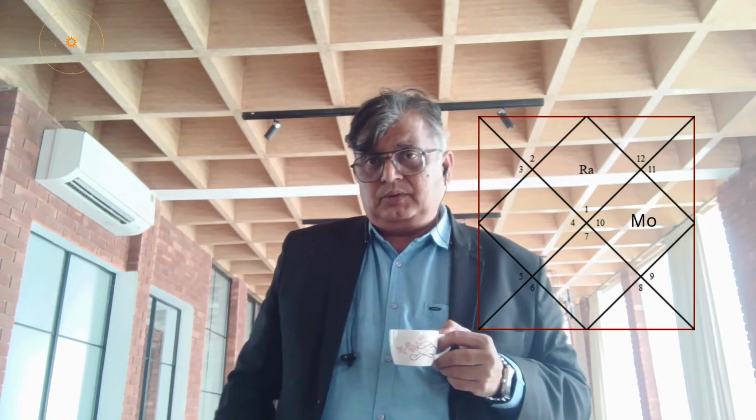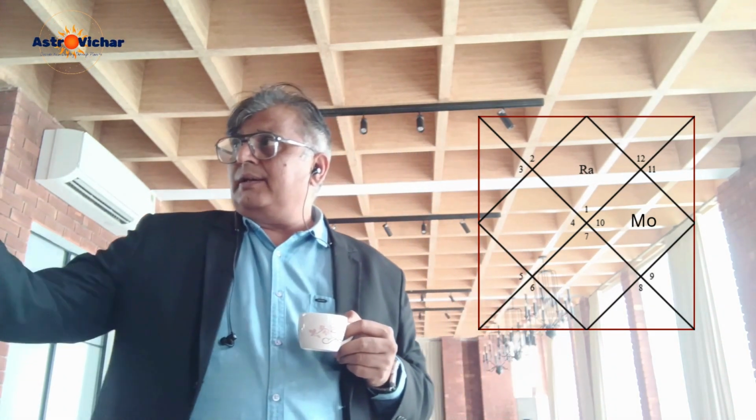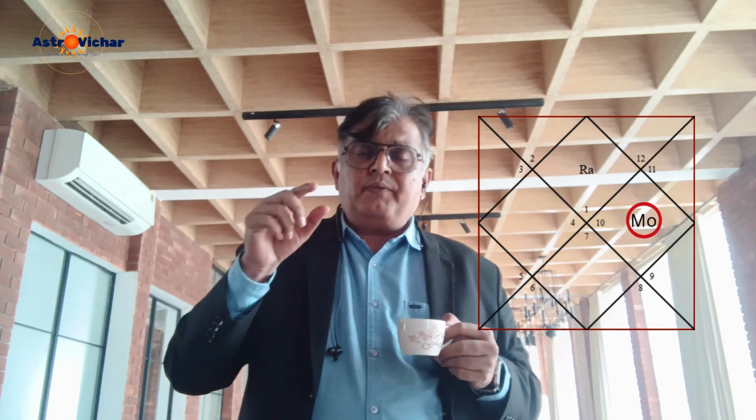Now, how will you identify your moon sign? You just check your horoscope, where the moon is placed somewhere in your chart. Find out where the moon's placement is; you will see Mo, Moon or Chandrama, whatever is written in English, placed in one of the boxes. What is the number given inside that box?